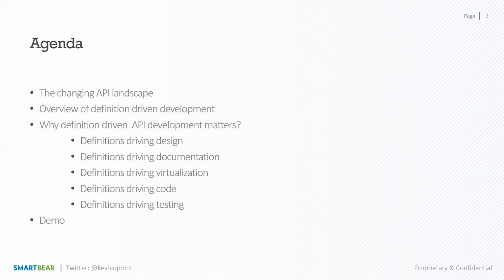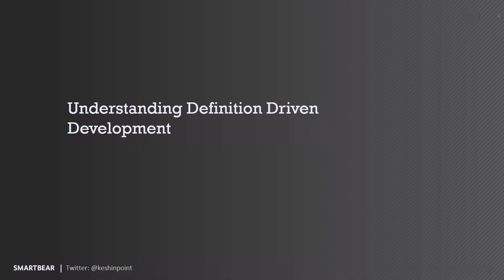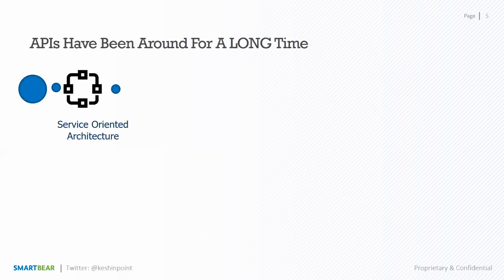So without any further ado, let's start by understanding the definition-driven API development framework, right? So first of all, APIs have been around for a really long time. Long before even the PC was created, APIs have always been a great way for different programming frameworks or languages or applications to talk to each other.